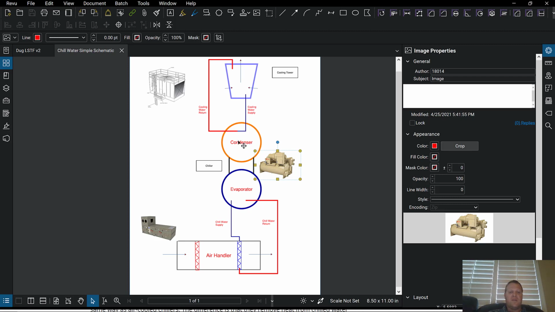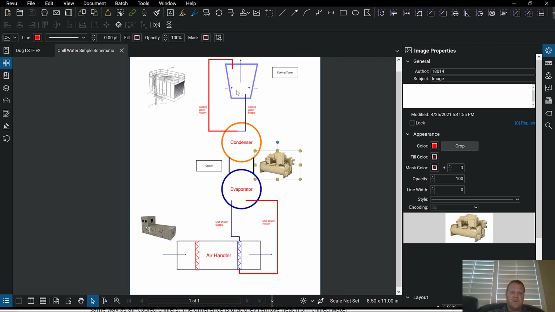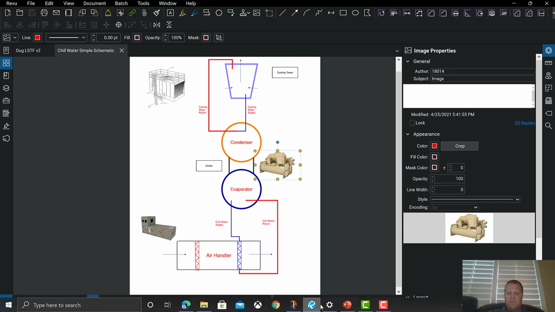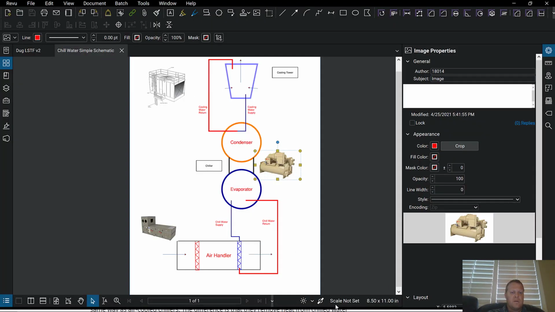But this could be, instead of a cooling tower right here, a bunch of. We've done this before. It could be an air cooled chiller is all I'm saying. And let me bring up a set of drawings to be able to do that. Give me just a second. Put this on pause and I'll come back with it.